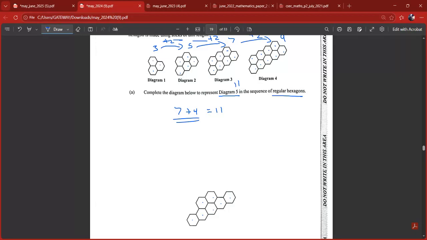So if you notice, the bottom hexagons of the shape are usually one more than the top. Right? For figure 1, you have 1 on top and 2 at the bottom. For figure 2, you have 2 at the top, 3 at the bottom. Diagram 4, you have 3 on top but 4 at the bottom. Right? So we need to have one more at the bottom. So I can input 1 here.